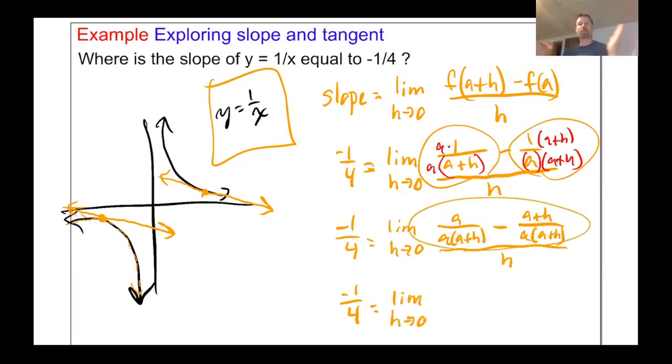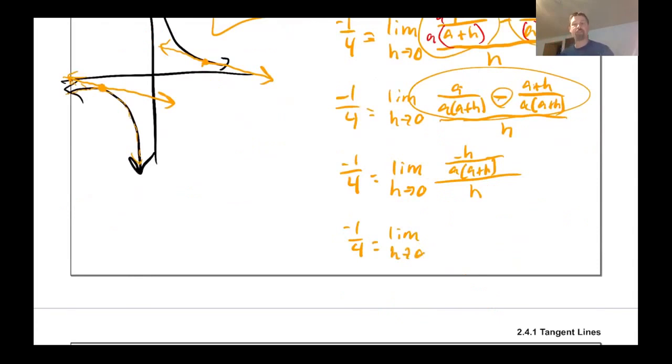Combining those two together into a single fraction, now that they have the same common denominator, that'd be a minus a plus h. Well, subtracting that, a minus a is gone, so it's going to be nothing. Nothing minus h is a negative h, so I end up with negative h over a times a plus h, all over h. Taking a fraction divided by a fraction, right? I could write this as h over 1. A fraction divided by a fraction, you can flip and multiply.